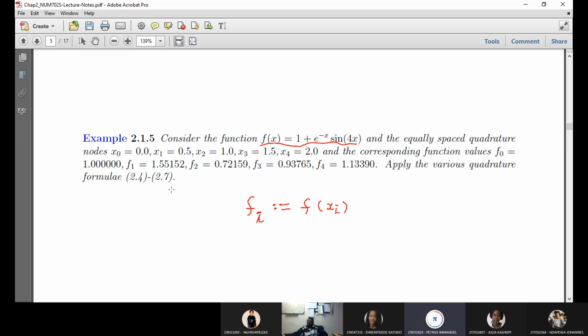So we compute h, then we multiply h by 2 into f0 plus f1. And h here for the first subinterval is 0.5, because the difference between x1 and x0 is 0.5.